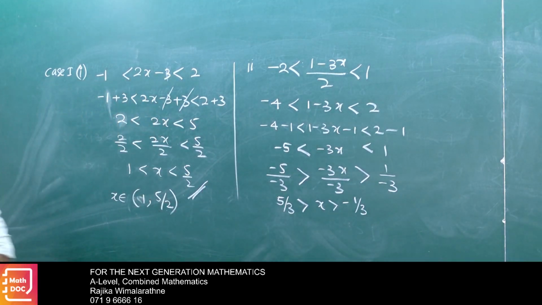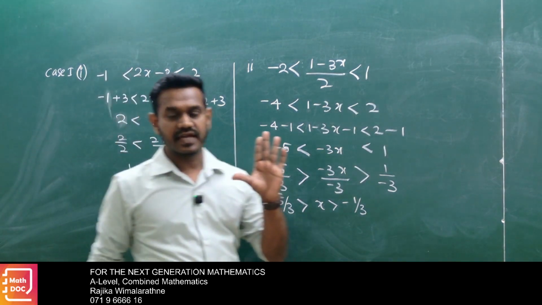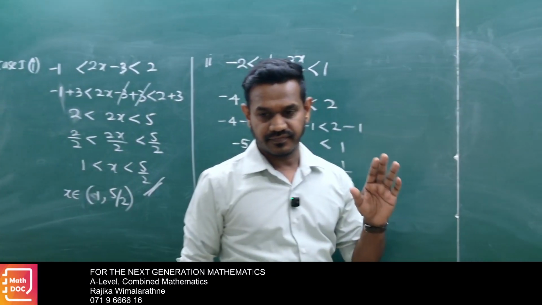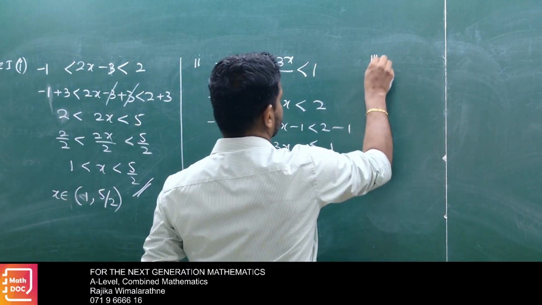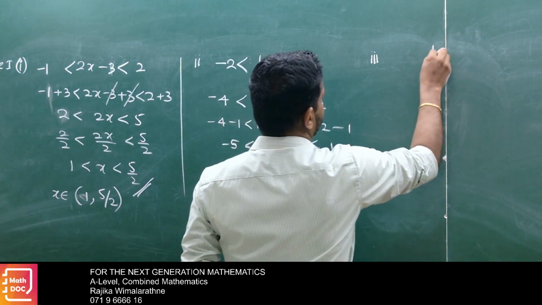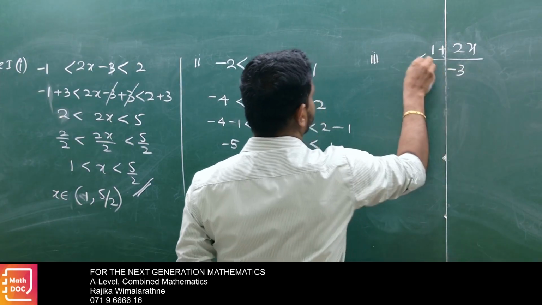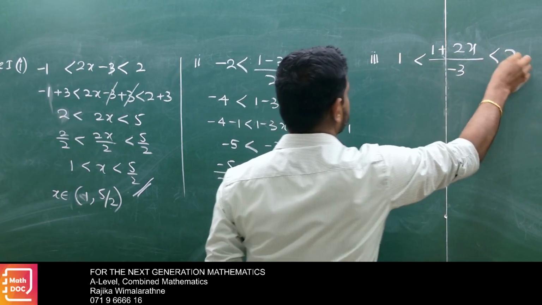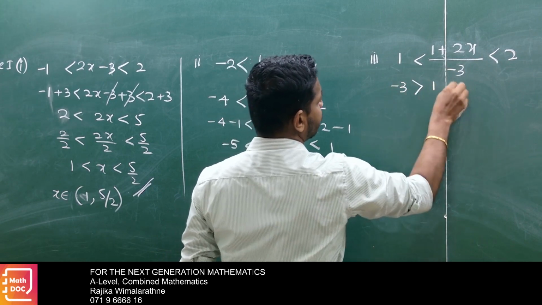I'll do one another example. Check this one as well. Third one: 1 plus 2x divided by minus 3 is between 1 and 2. Then multiply by minus 3. We have to reverse the sign.